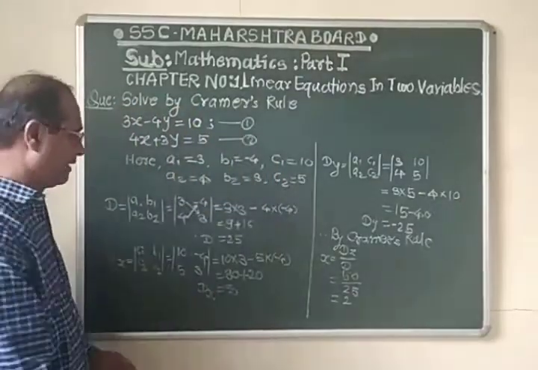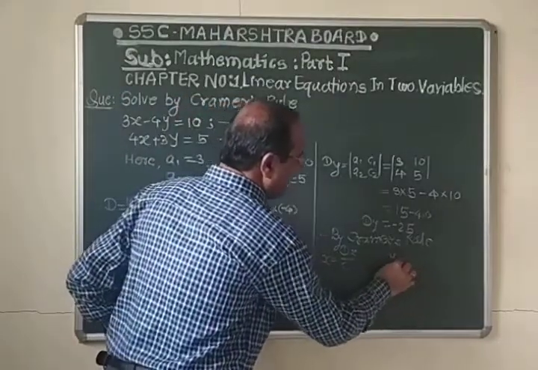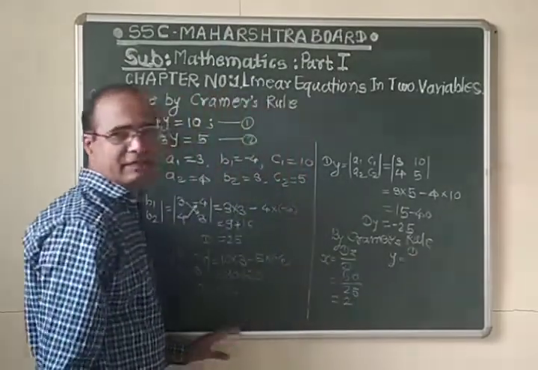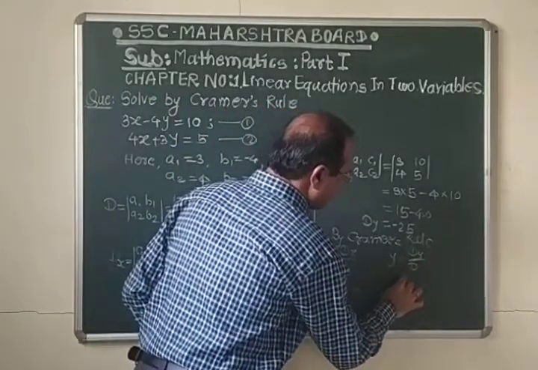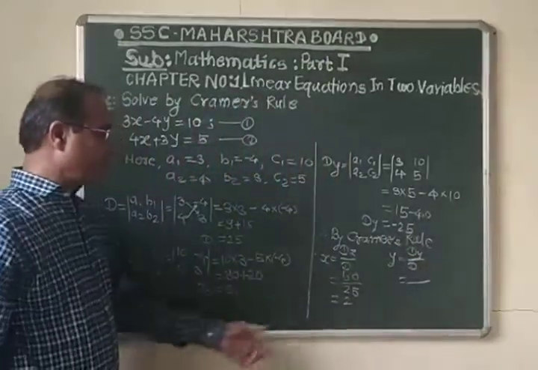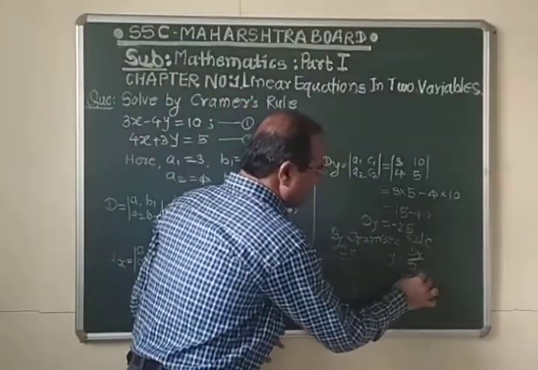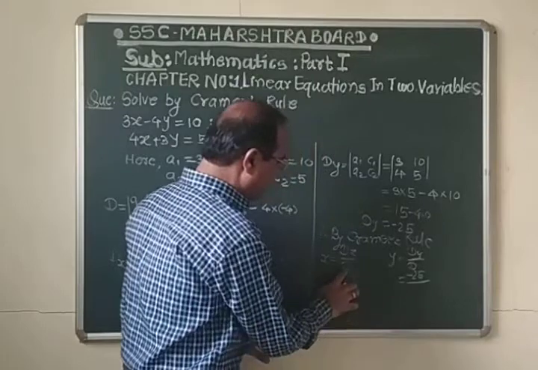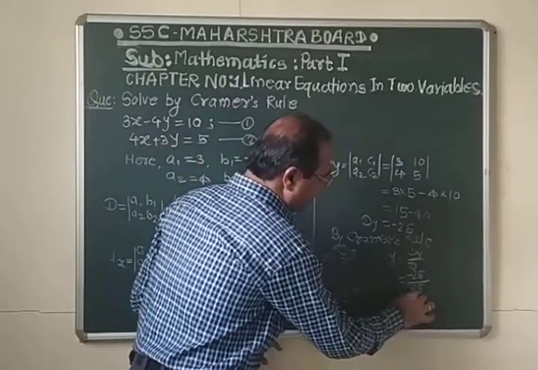In the same manner, you have to find the value of y. y is equal to, the formula is Dy upon D. What is Dy? We have calculated minus 25, and this value is divided by D, which is nothing but 25. So the calculation gives you minus 1.